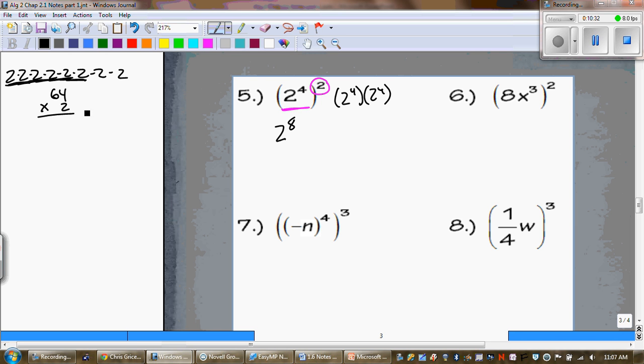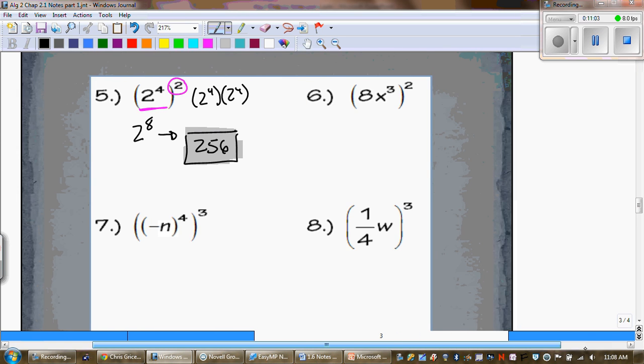If you don't know 64 times 2, we get 128, and then we have to do that one more time. 128 times 2 gives us a grand total of 256. Don't worry, we're not going to give you some big, huge one like 4 to the 9th power or 5 to the 8th power. That's just mean.